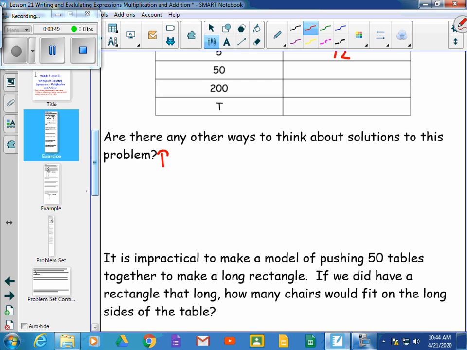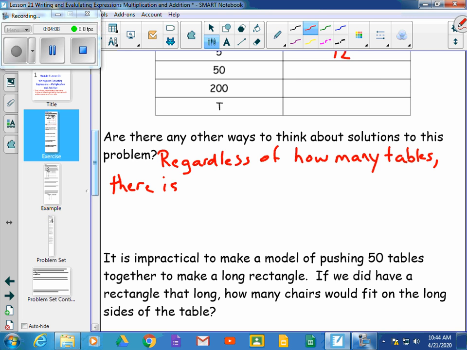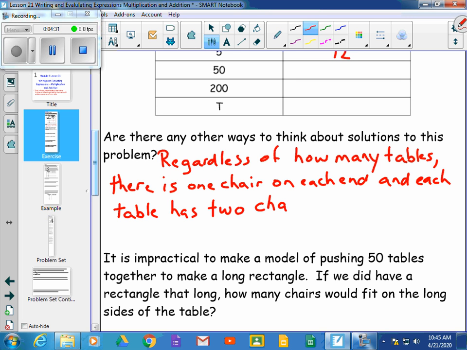So we can say, regardless of how many tables there are, there is 1 chair on each end, and each table has 2 chairs opposite the other.